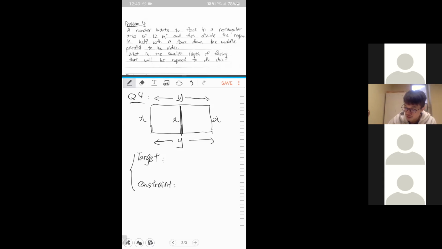So let's call the fencing P, the perimeter P. These are all the sides that you want to fence. You also want to fence the middle as well. And you have 3x and 2y. So P equals 3x plus 2y, and that's your target function. Is it okay?